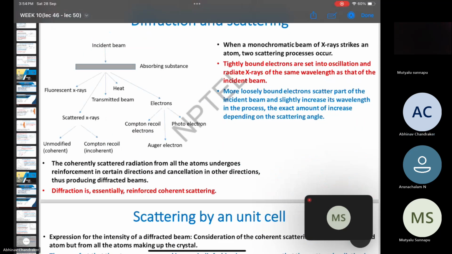So these are the different possible phenomena which can occur when an incident electromagnetic beam interacts with some material.